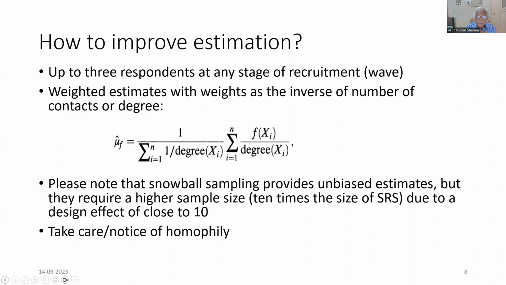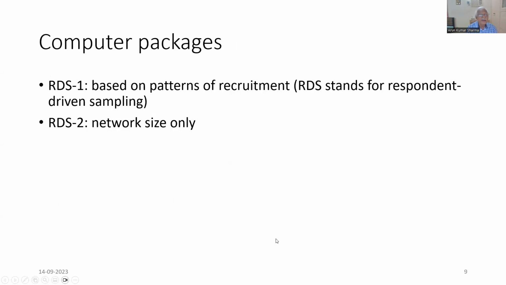So a snowball sample of size 300 gives you the same variance which you will get from a simple random sample of size 30. And you have to take care of homophily, means whether there are certain kinds of segregations or heterogeneities in the population that you are studying, which will determine if there is any bias in recruiting further in the next wave.